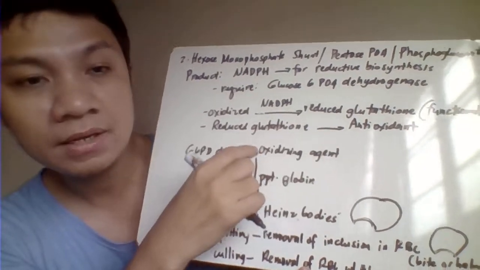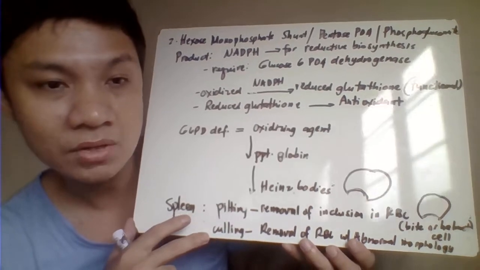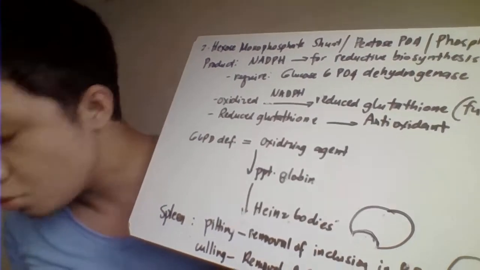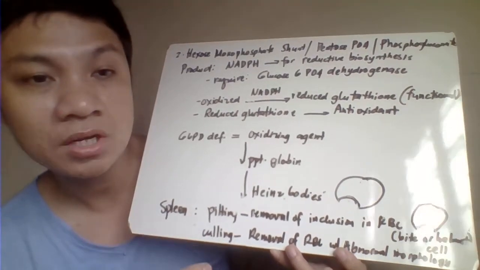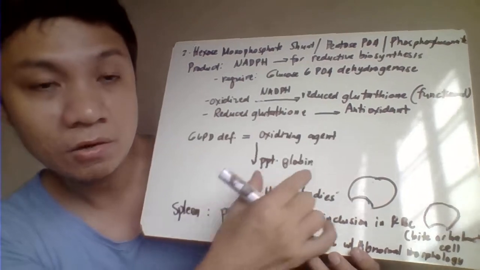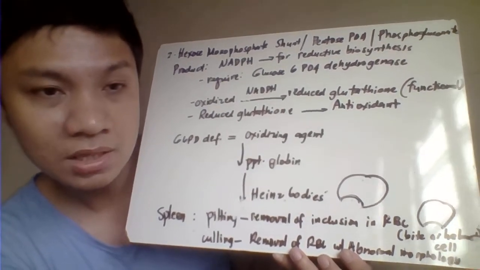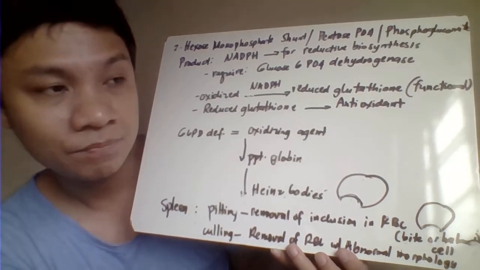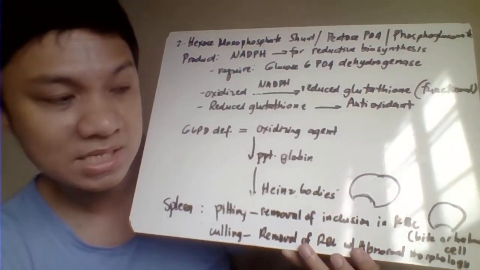Hemolytic reactions are very common in glucose-6-phosphate dehydrogenase deficiency patients once they are exposed to an oxidizing agent. It's because they don't have the protection of their RBC, as they don't have the antioxidant property of glutathione, since their glutathione is not regenerated because they have no NADPH. This is because they don't have the enzyme glucose-6-phosphate dehydrogenase.